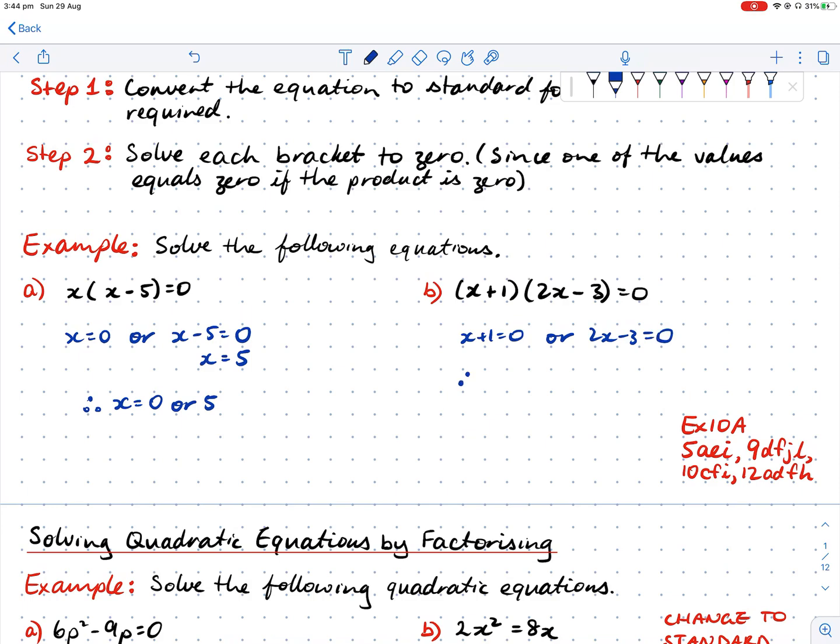For the first one, if x plus 1 is 0, then x is equal to negative 1. If I've got 2x minus 3 equals 0, I move the 3 over by adding it, and then I divide by 2. So x is also 3 over 2. Those are two possible answers for x that will make this statement true.